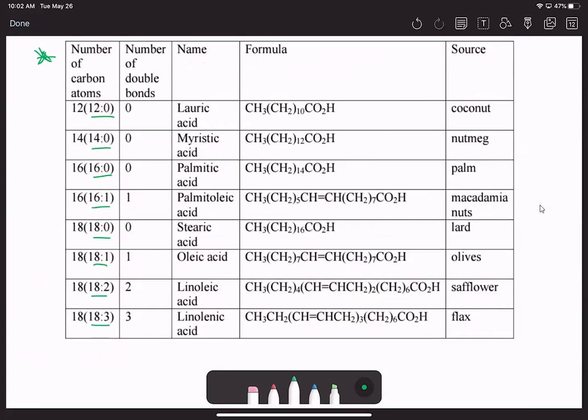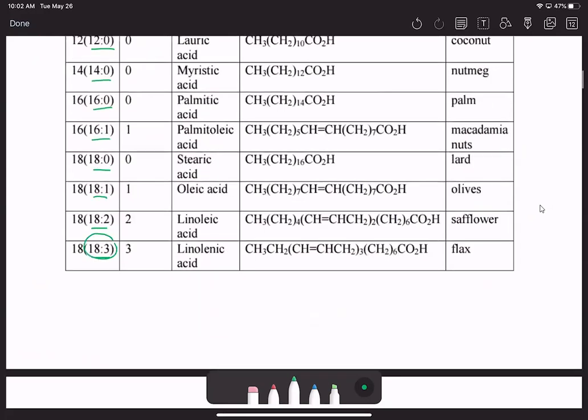And we put this together like this, 18.3 here, or even 18. Yeah, 18.3. All that means is that there's 18 carbons and that there's 3 double bonds in there somewhere, right?